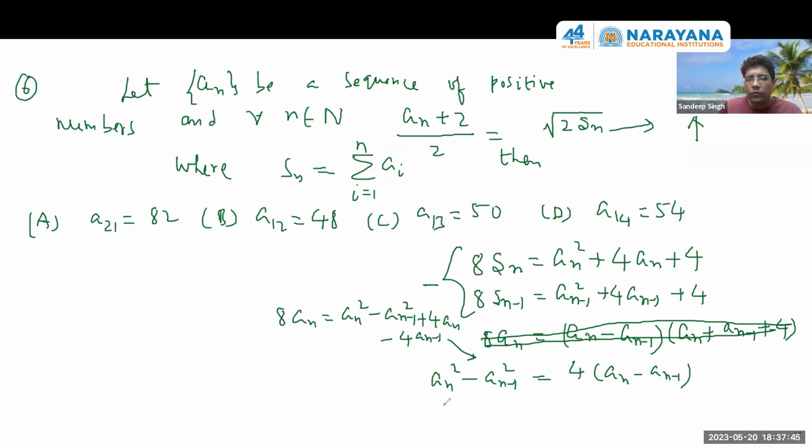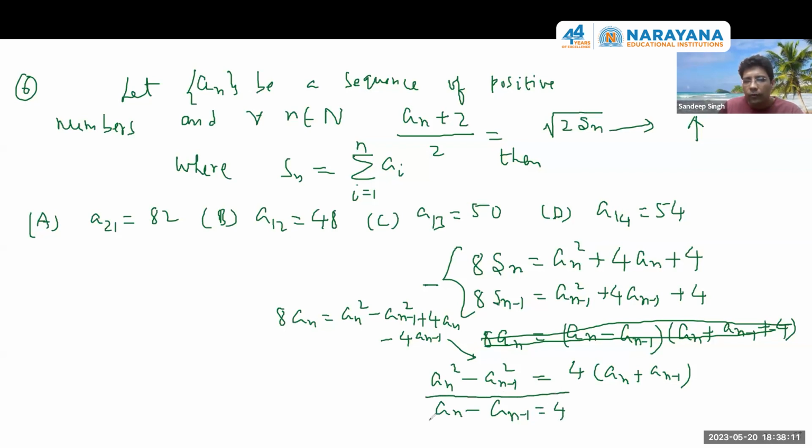Therefore, I can cancel both sides. So tell me, what will you get? a_n minus a_{n-1} is equal to 4. Very good. So what is this sequence? It is an AP.